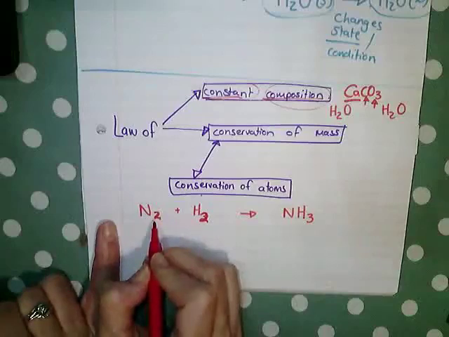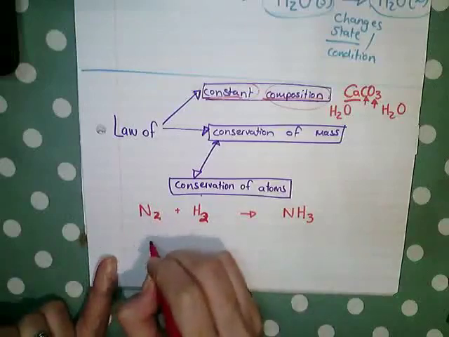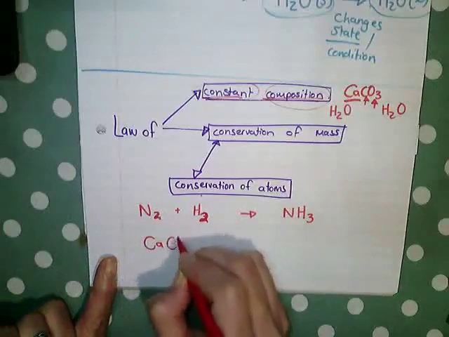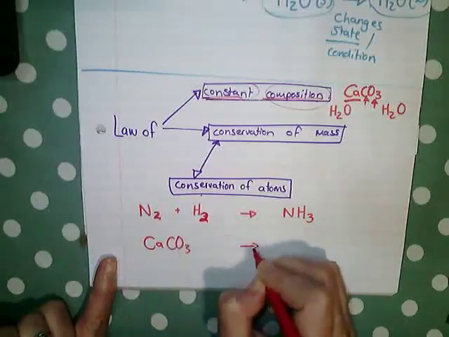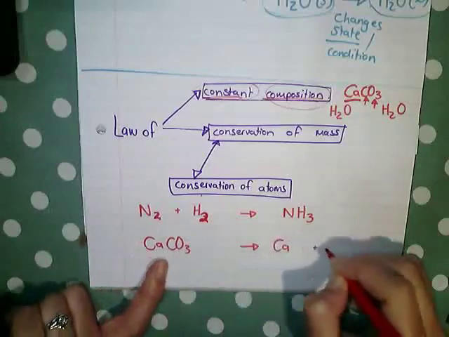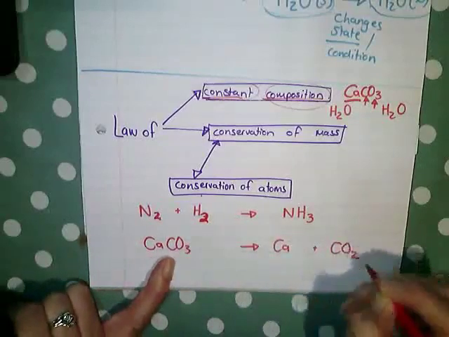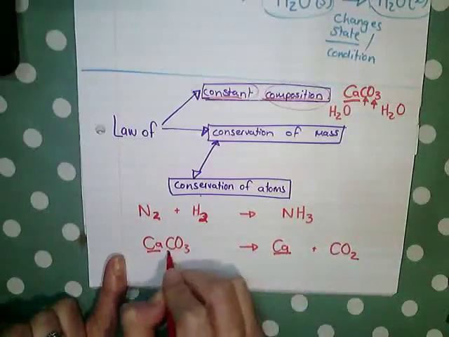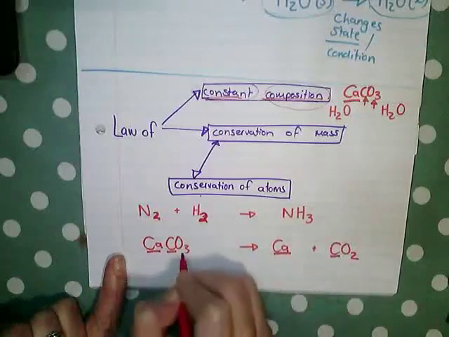So for example, if calcium carbonate decomposes, it will decompose into calcium and carbon dioxide. On this side we had calcium, there we have calcium. Here we have carbon, there we have carbon. Here we have oxygen, here we have oxygen.